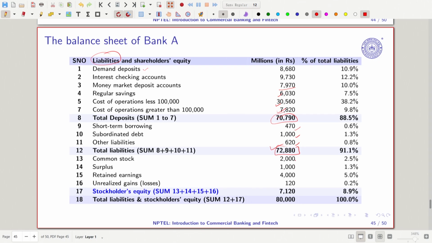So here we have the common stock, which is you holding the stock of the company. Surplus that they have retained earnings, they did not declare the dividend, they retained that earning. So a lot of times there is an argument whether dividend is good or retained earnings is good. In some cases people say that dividend declaration is good, because when a company declares a dividend, it gives a good impression about the company, that the company has earned so much that it has given a dividend.